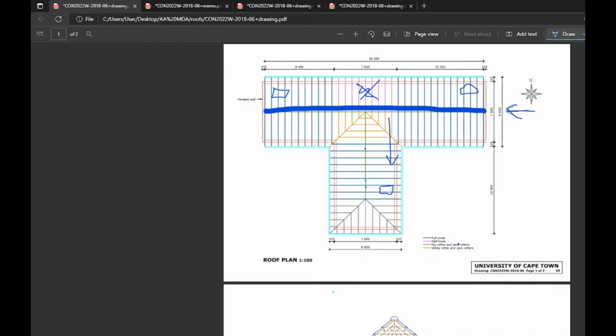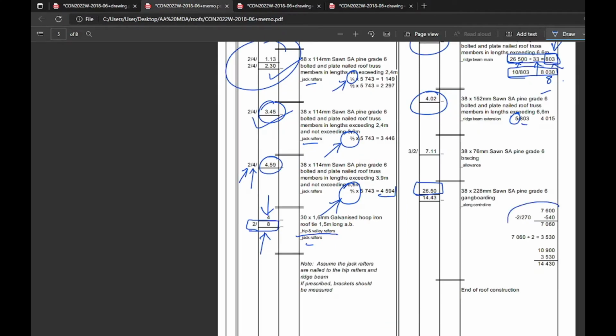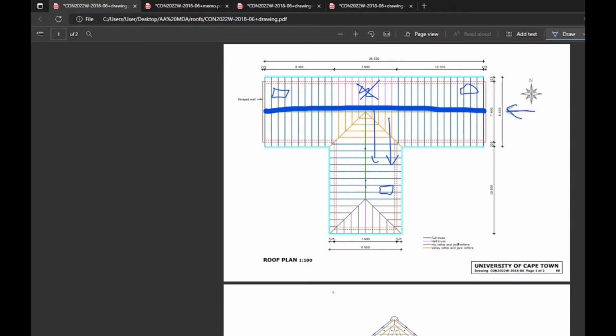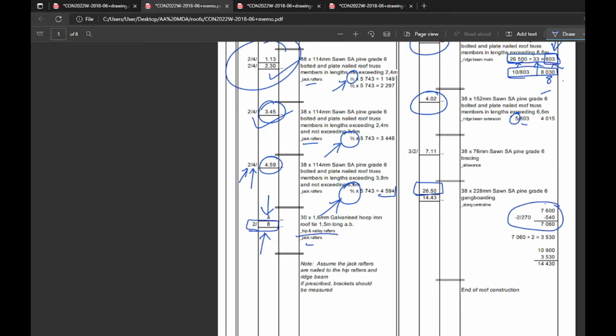So how are we going to extend this direction? We need to know a starting point. What's happened in the description is you've taken that wall-to-wall span, and you've deducted the thicknesses of the wall, since the cavity wall is 110, 50 and 110. There's your value, 7,060.